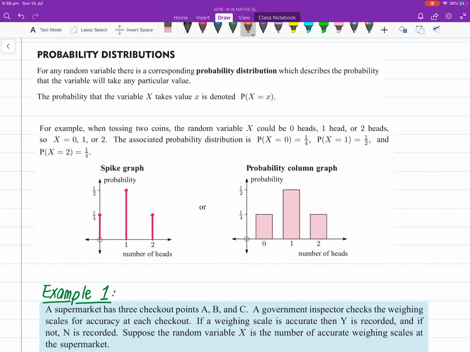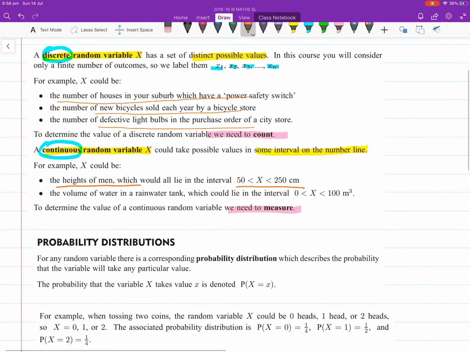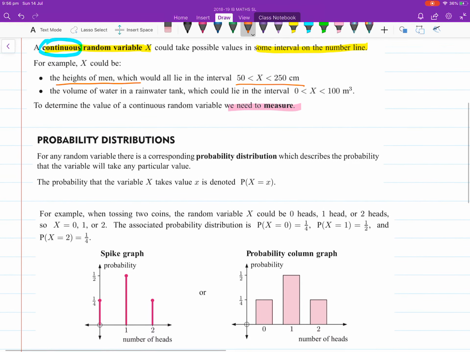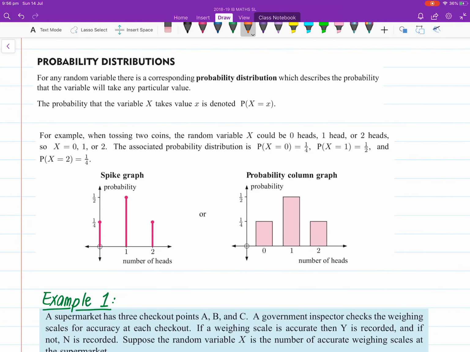Okay, so now with your random variables, let's move down, sorry if I'm flicking a bit too fast. You've got a corresponding probability distribution. Okay, and that describes the probability that the variable will take any particular value.